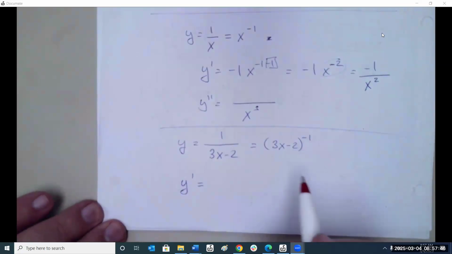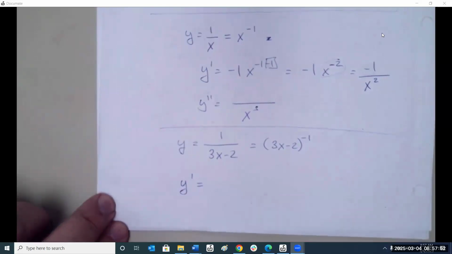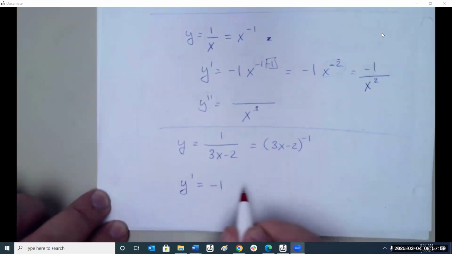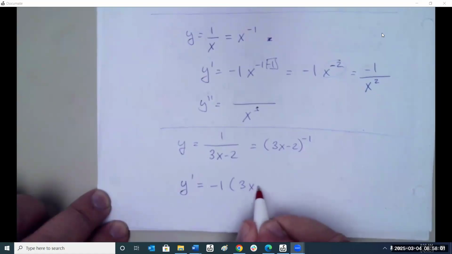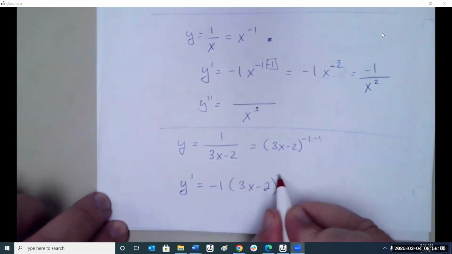And the derivative, see how much faster this is than the quotient rule. Because here, what do we have to do first? Bring down the exponent, which is -1, and do what with that exponent? Subtract 1, which makes it -2.